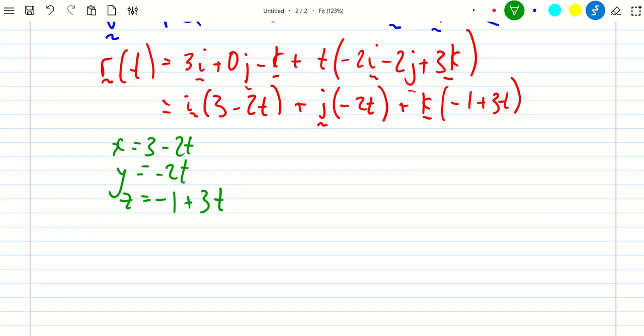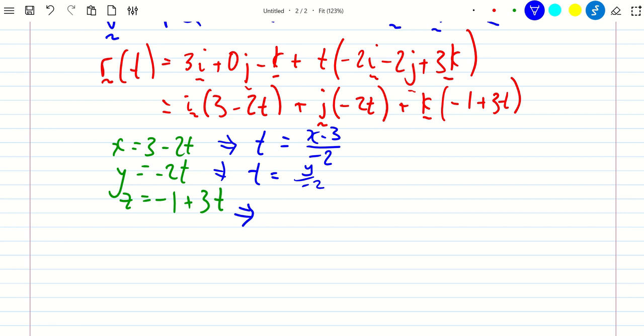And so I'm going to rearrange these. Rearranging, I get t is equal to x minus 3 divided by negative 2. That's the t of the first one. My t here will be y over negative 2.